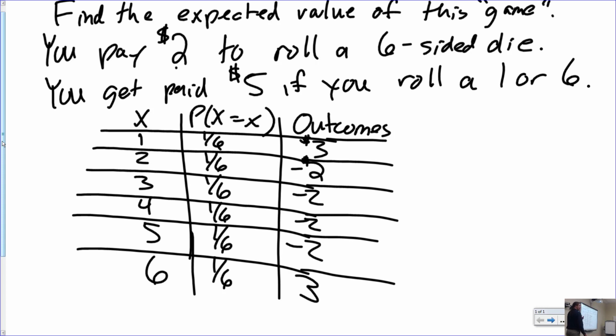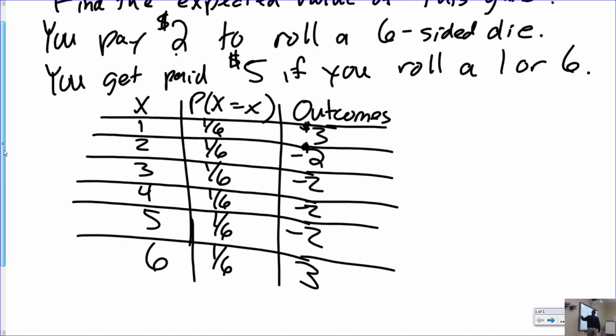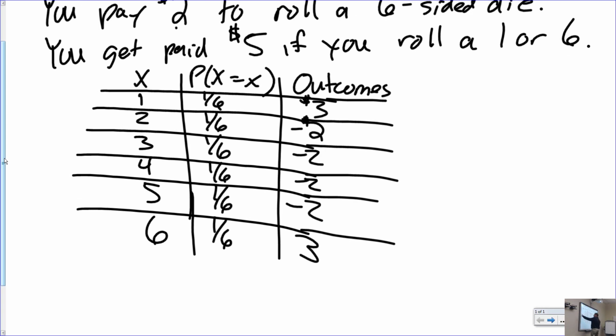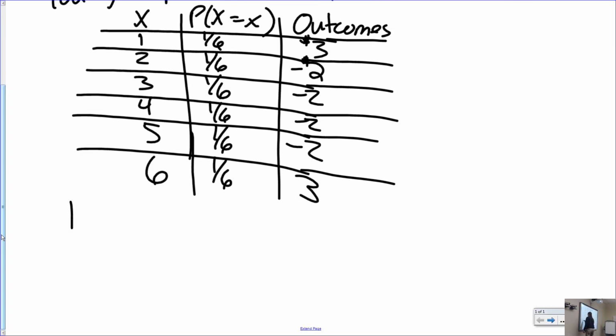Now, how do I find the expected value? So the expected value of this game is not 1/3 that way. Well, it was close, right?